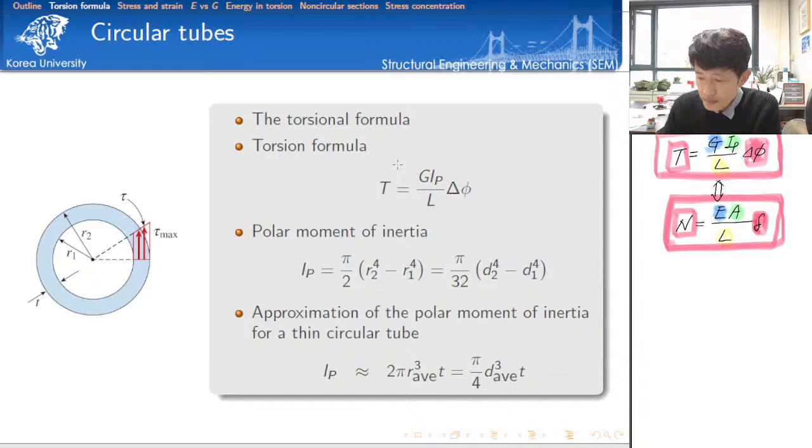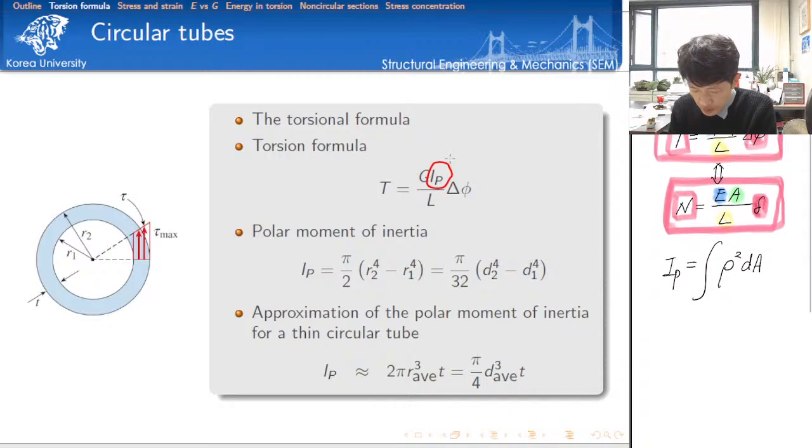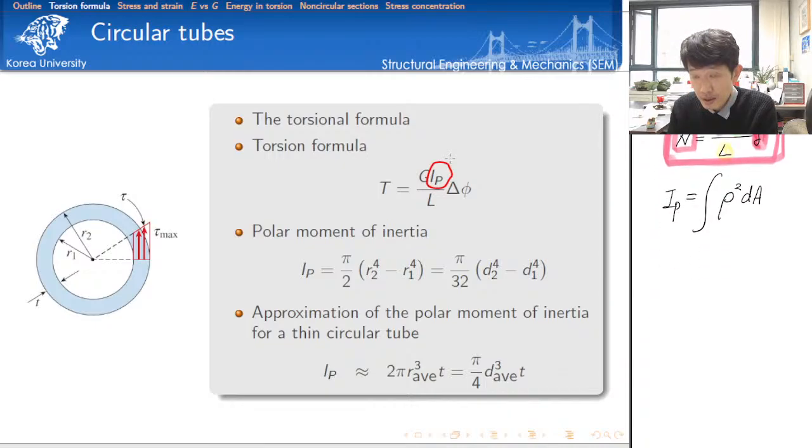In that case, please make sure that all the section properties are given in terms of the polar moment of inertia. So what is the definition of the polar moment of inertia? This definition is I_P. The polar moment of inertia is the integration of the square of the radius to a material point, and then we need to integrate over the small material points, okay? Mathematically it is given in this way, but to understand it physically, maybe we want to write it this way.